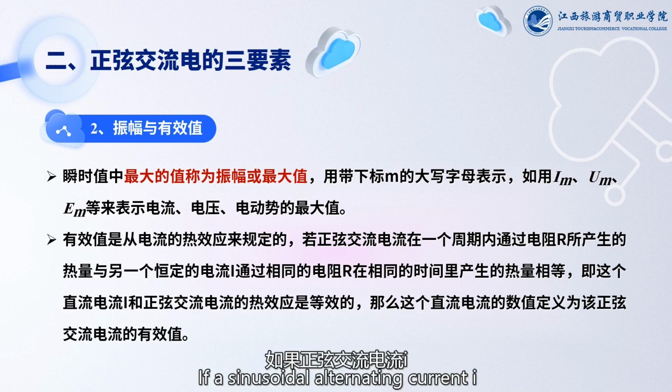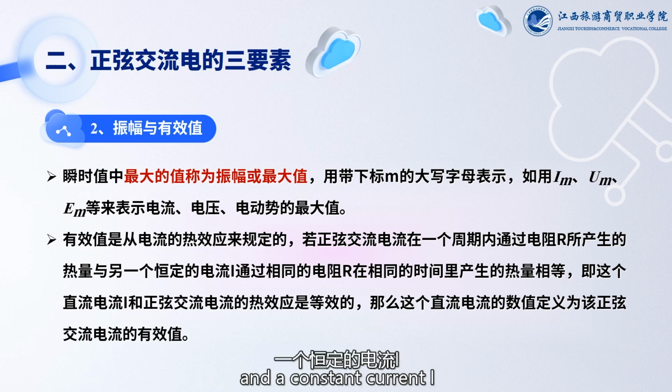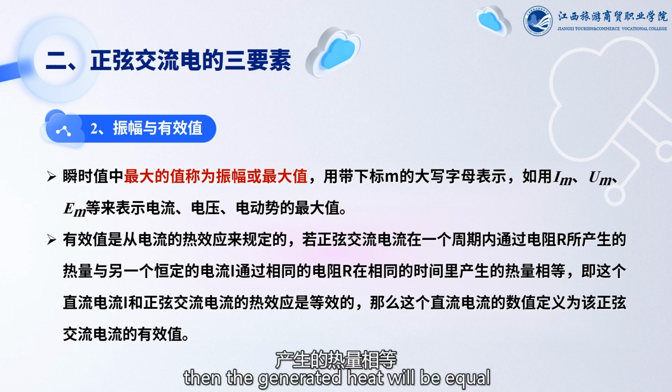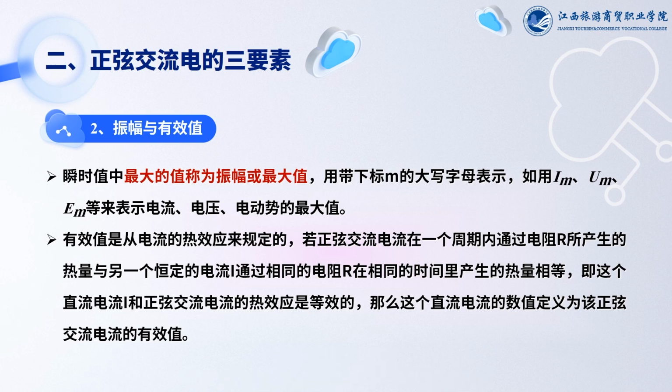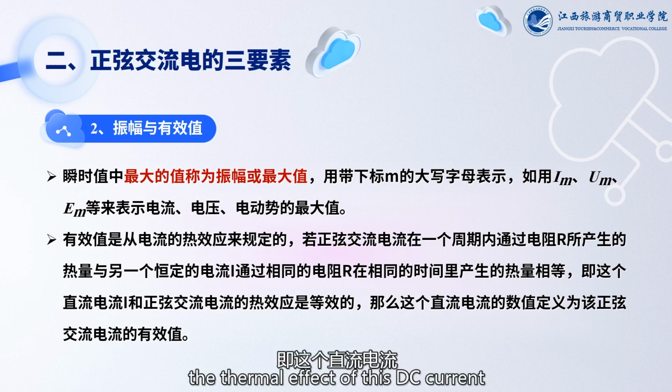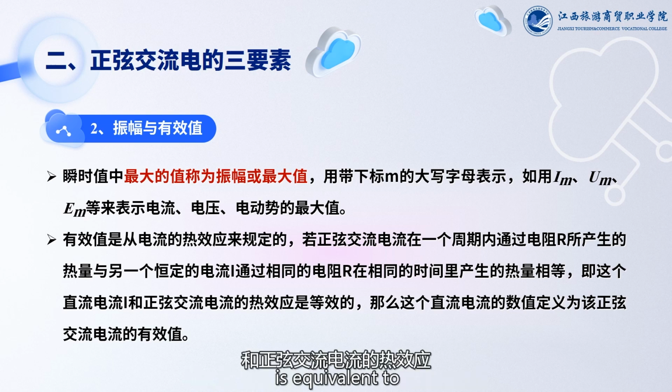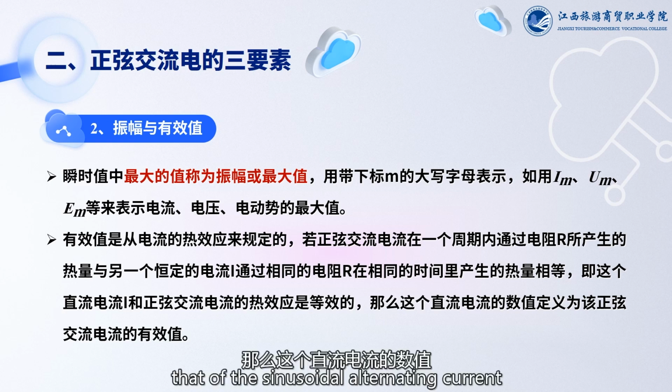If a sinusoidal alternating current i and a constant current I pass through the same resistance and the generated heat is equal, this means that the thermal effect of this DC current is equivalent to that of the sinusoidal alternating current.